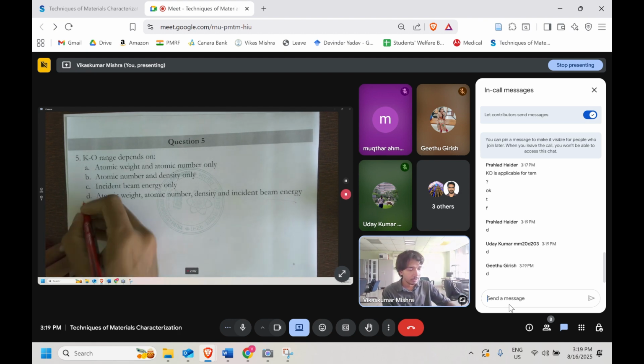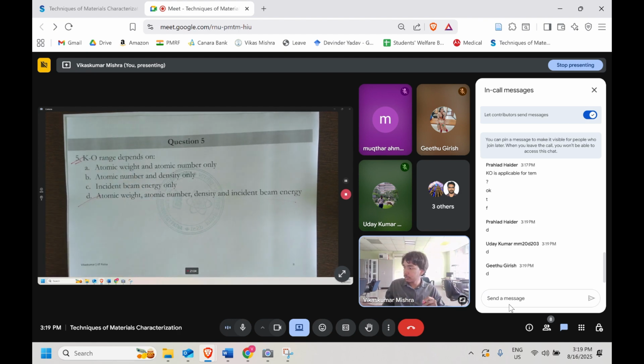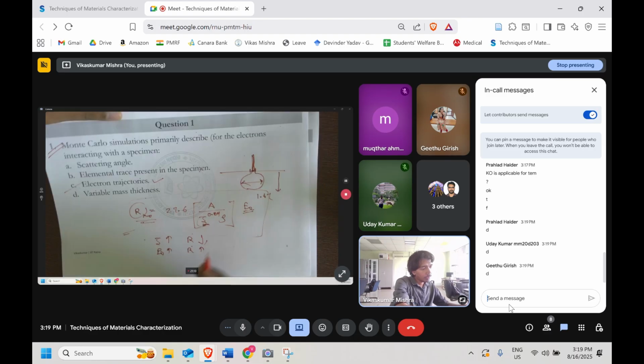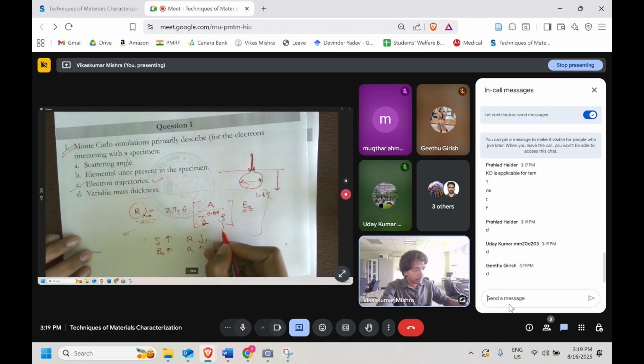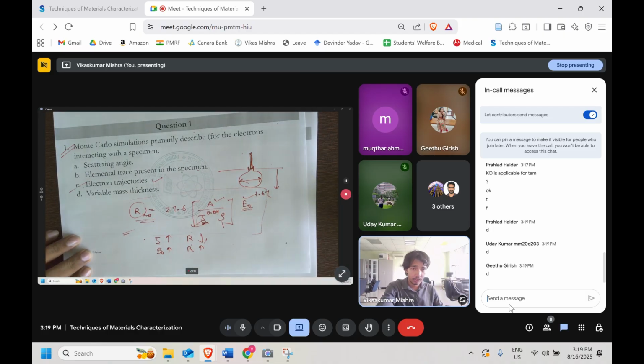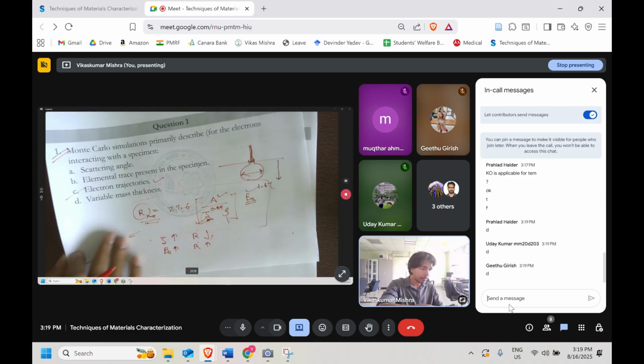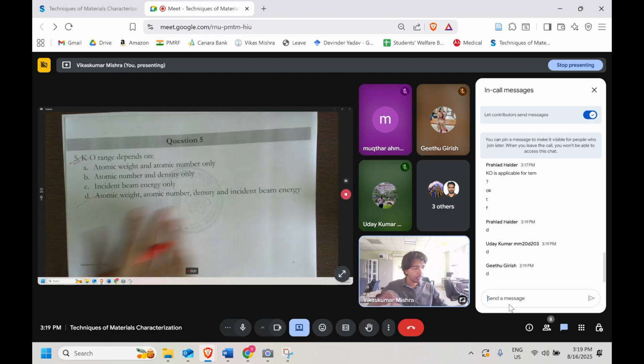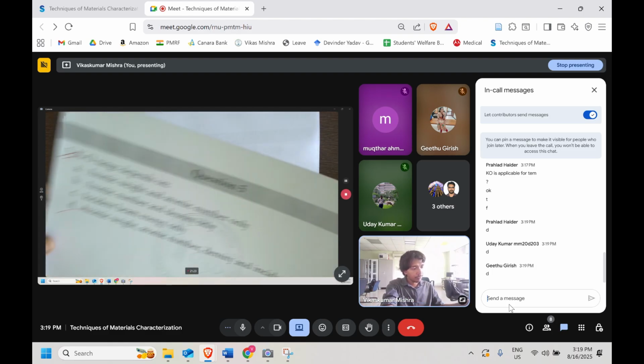Very good. Yeah, that's right, everyone, because we saw with the formula that it depends upon the density, atomic number, atomic weight and the energy of the electron beam. This was question number 5.